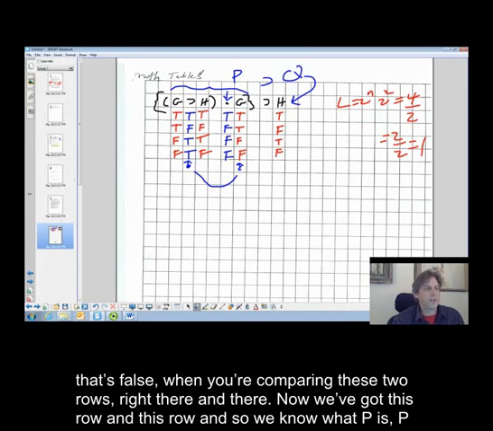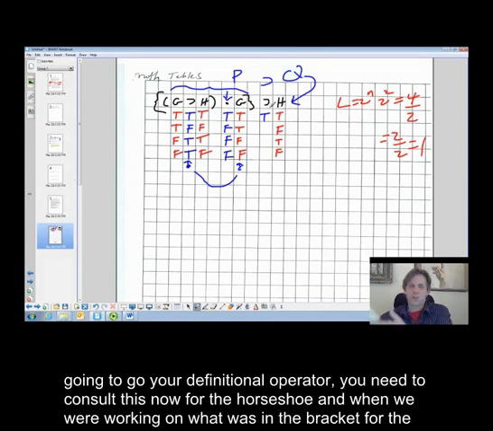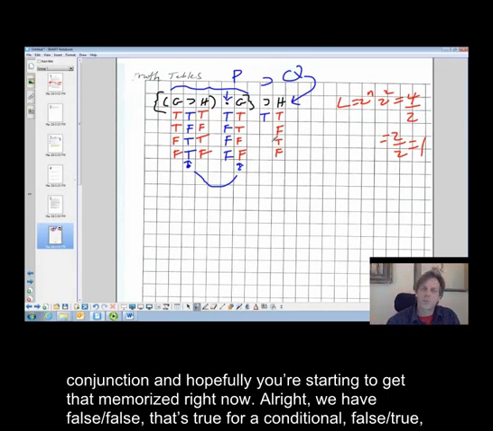Okay, now we've got this row and this row. And so we know what P is. P inside the bracket, these are the values. Now we're going to look at P and the Q. So P is true and Q is true. The horseshoe, you remember you're going to go to your definitional operator. You need to consult this now for the horseshoe and when we were working on what was in the bracket for the conjunction. And hopefully you're starting to get that memorized right now.